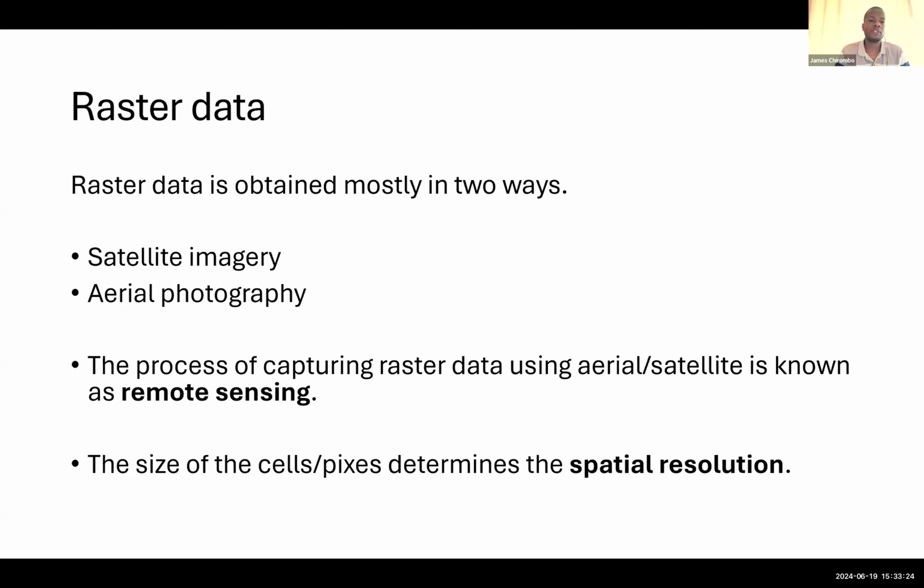Satellite imagery is given by the satellites that are orbiting the Earth at a very high altitude. They capture pictures of the Earth from that altitude, for example, vegetation. Vegetation varies continuously. If you look at a piece of land or a country, the vegetation is going to vary.